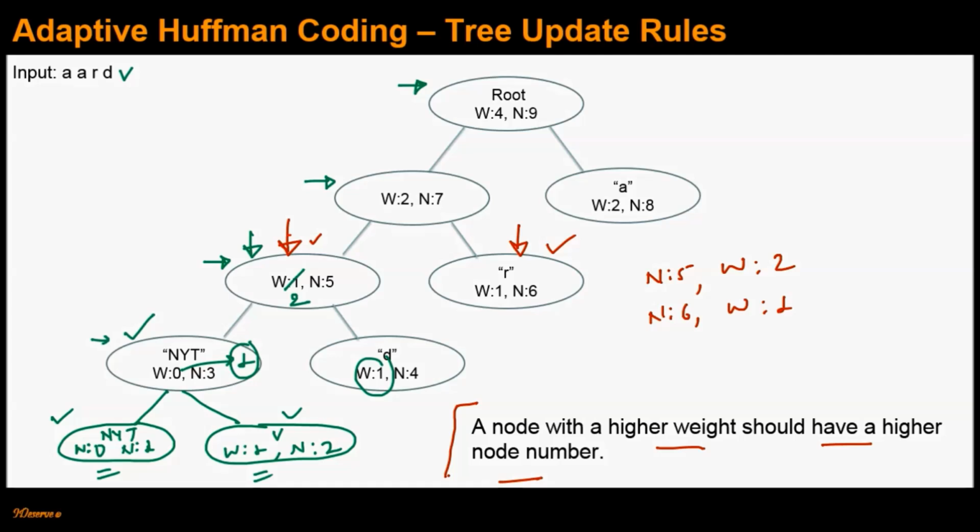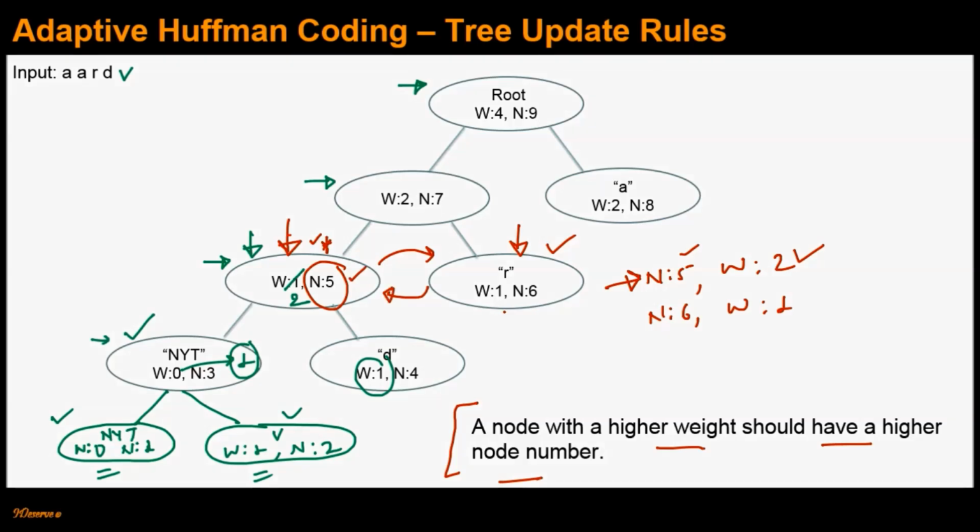So this condition is being violated when we update the weight to 2 for N equal to 5, because the node with higher weight should have the higher node number, right? So what we can do is simply swap this node with this node, right?